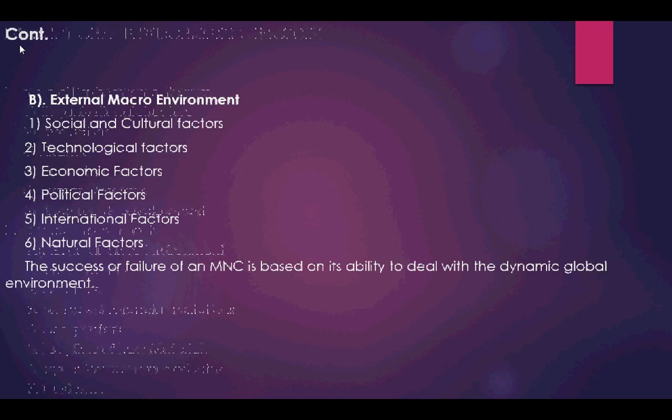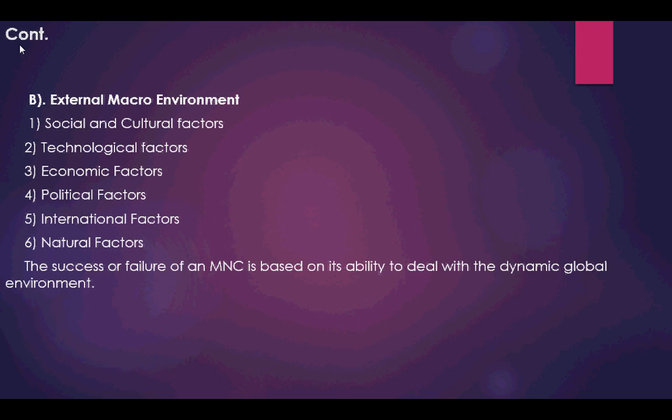Now let's study in detail the external macro environmental factors, which affect the business very much. Our focus is to study how these external macro factors affect the business in detail, which are social and cultural factors, technological factors, economic factors, political factors, international factors, natural factors.